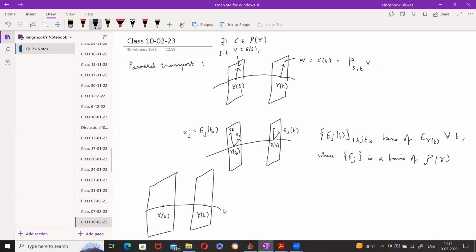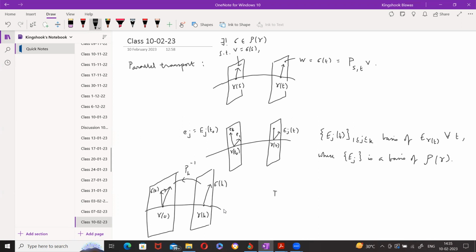Here I have, say, sigma 0, and here I have, say, sigma h. Now I have the inverse of the parallel transport map. Let me call that ph inverse. So this is going to map this vector to a vector here. Then I take the difference of these two vectors and I divide by h. Let h tend to 0. That converges to the covariant derivative.